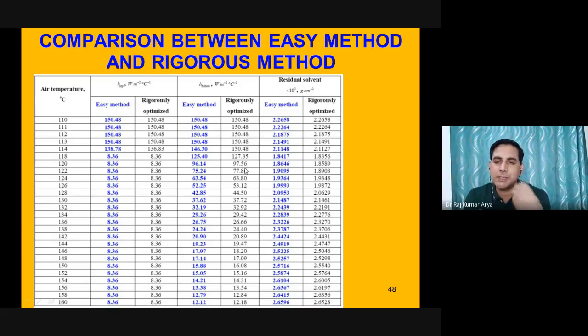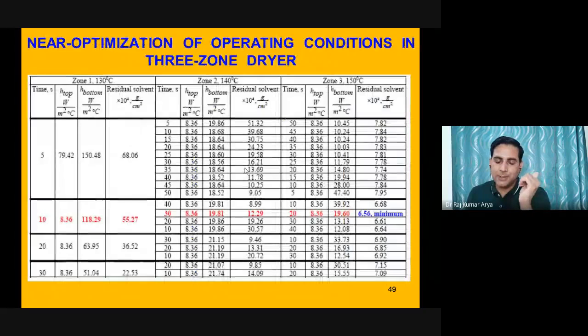We can start anywhere, and within 2 or 3 trials you will get a value close to the optimum. Okay. This scheme we have published, and having tested it for a single zone dryer, now we go to multi zone dryers, the 3 zone also.